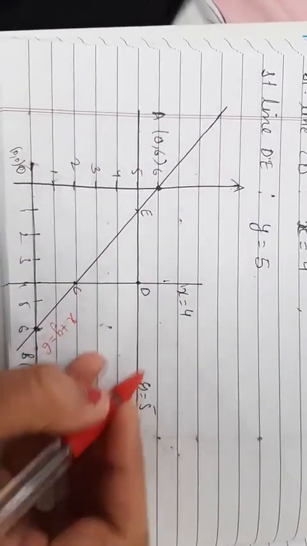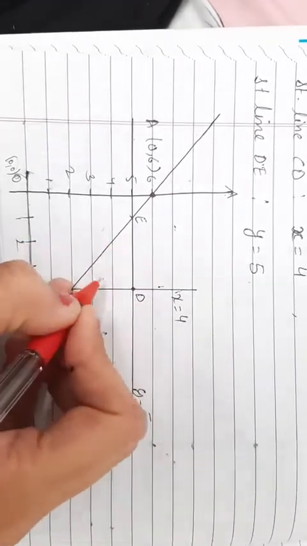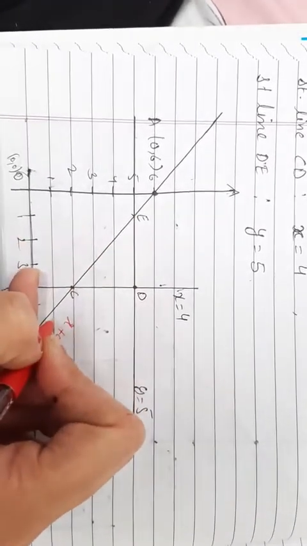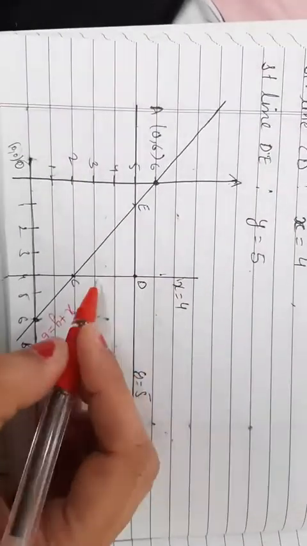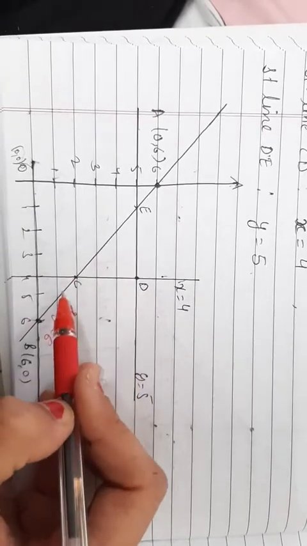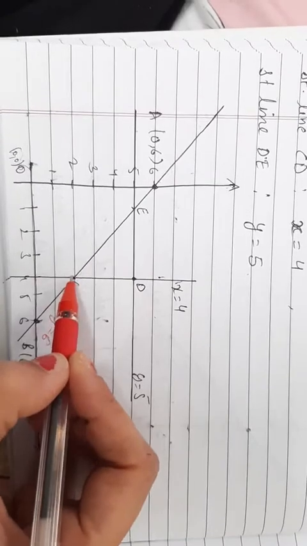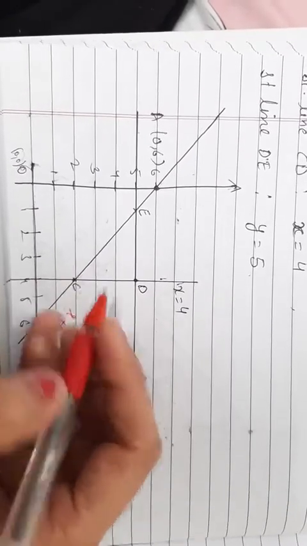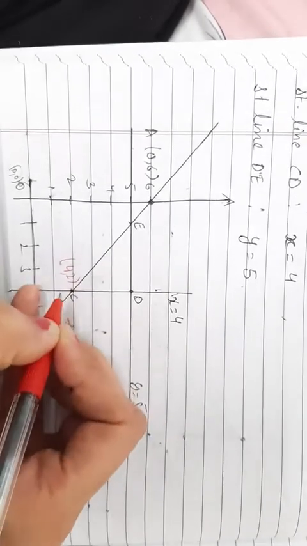Now you can see these three lines, x equals to 4, y equals to 5 and x plus y equals to 6. These all are intersecting with each other. Where they are intersecting? This is the line of x plus y and this is the line of x equals to 4. It is intersecting at x 4 and y 2.